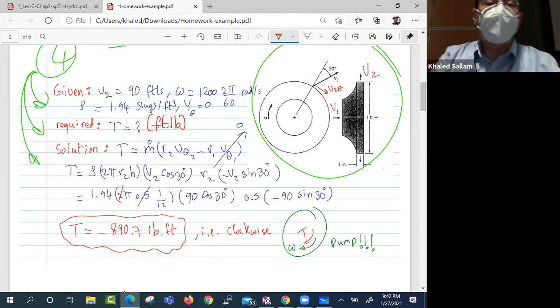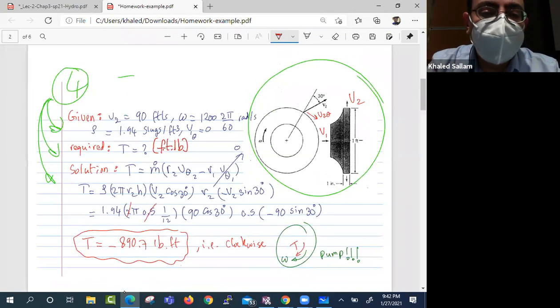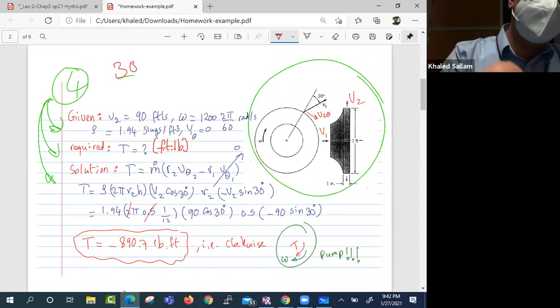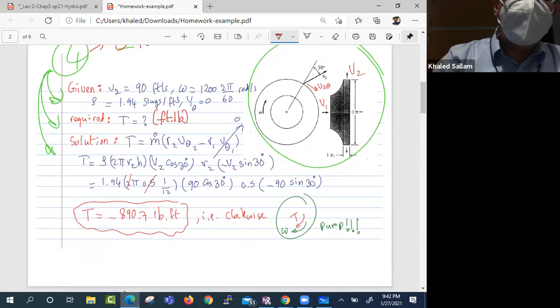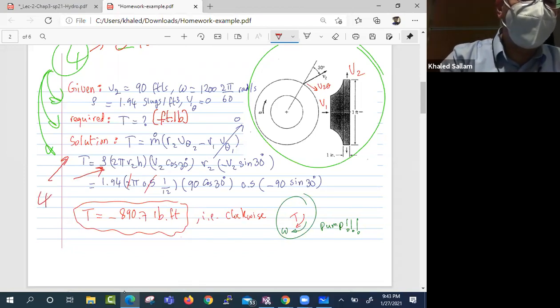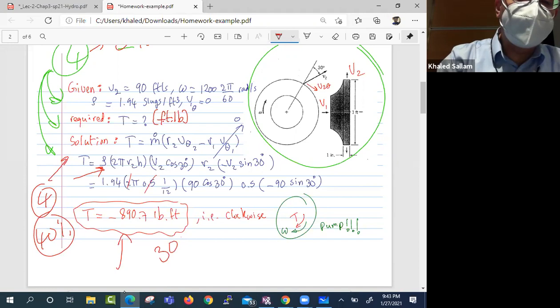Okay, so 4 points for this, and actually this is worth 30% of your final grade. And then 4 points for the solution, which is this equation and the equation for m dot, which is actually over here. So that's also 4 points, which will be 40%. And then this final answer is worth 30%.